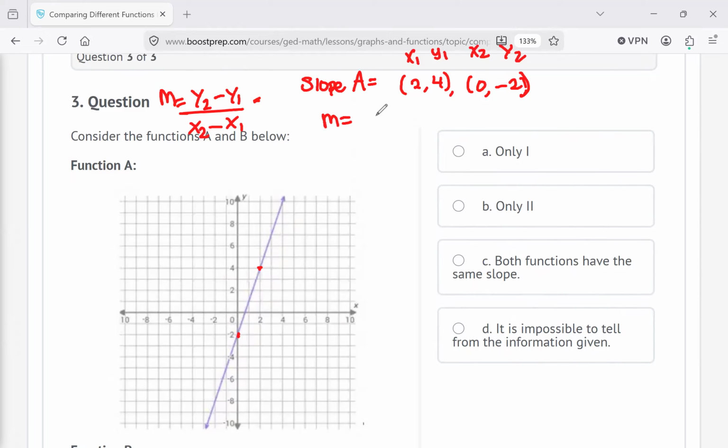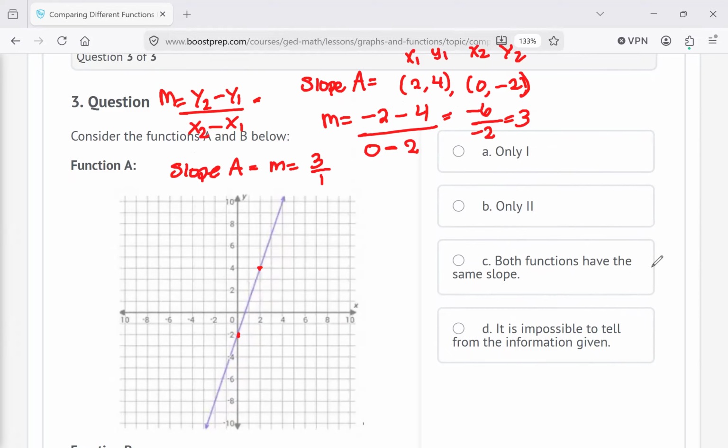If you put it in the formula, it would be negative 2 minus y1, which is 4, and then x2 is 0 minus x1 is 2. Negative 2 minus 4 is negative 6. 0 minus 2 is negative 2, and that is positive 3. So graph A gives you a slope of positive 3, or 3 over 1.